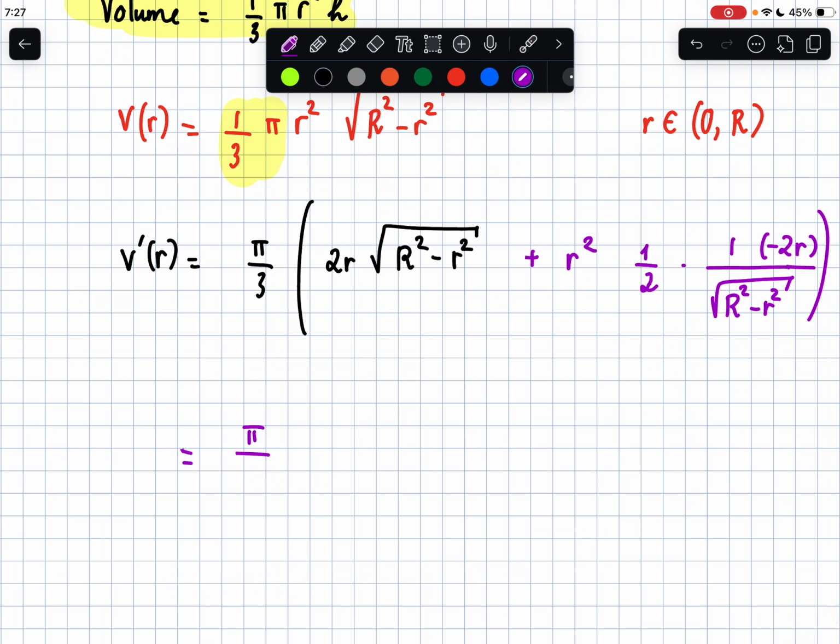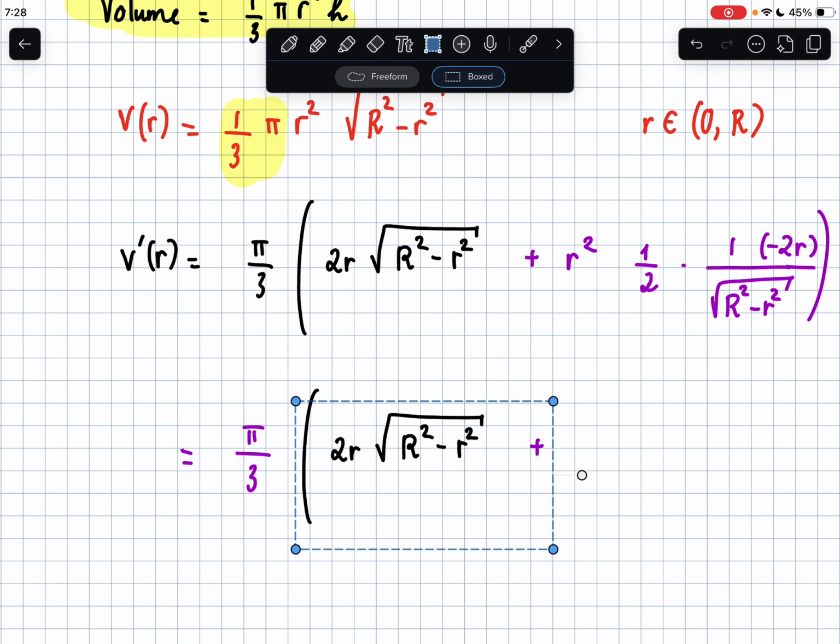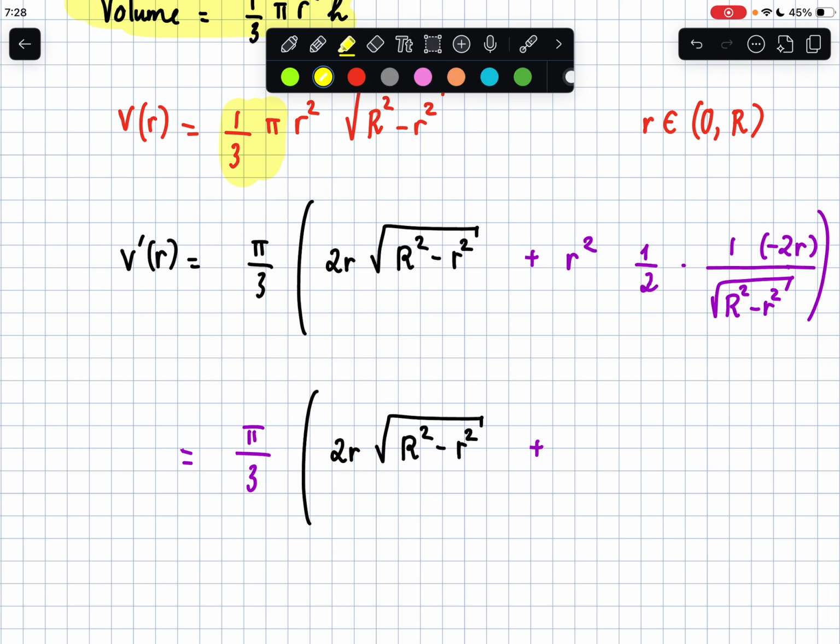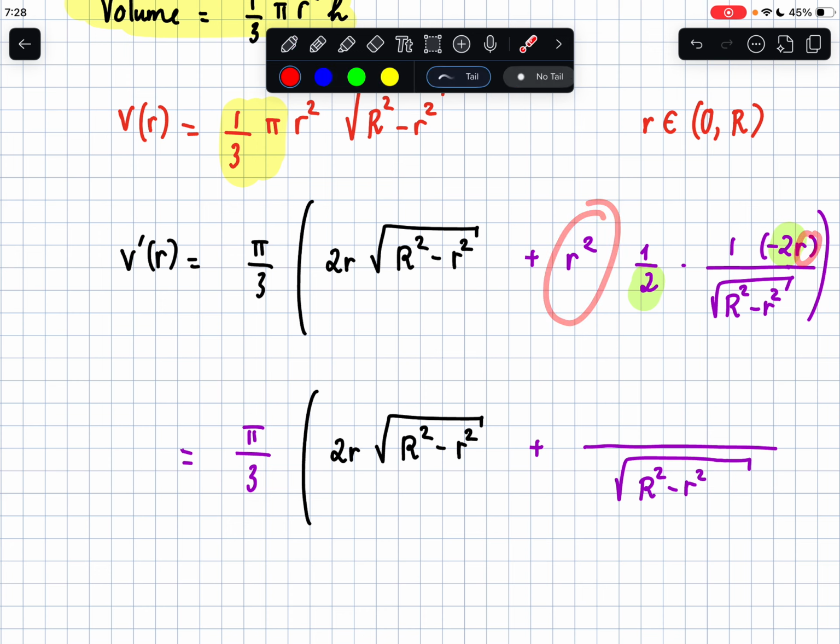Now pi over 3, the first term I keep the same. The second term we can cancel out with 2. So what we have is square root of R squared minus small r squared, times 2 r, then r squared times small r, over the square root, minus r cubed.